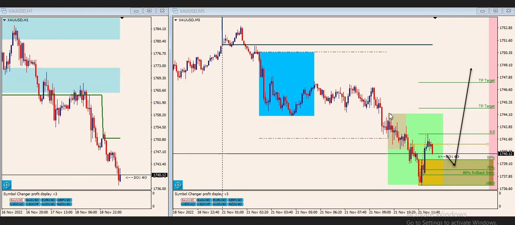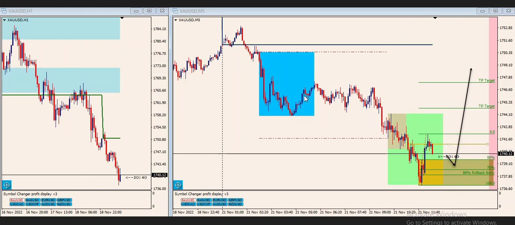So I'll wait till London open. As soon as London opens on the 5 minutes time frame, if the price is below the weekly and daily open line, and the London session started still below the weekly and daily line, I will buy. I'll look for buy setups. Then the opposite, I'll look for sell setups.